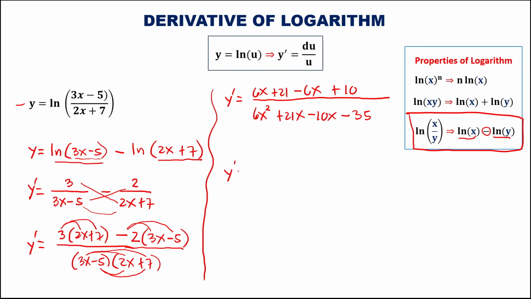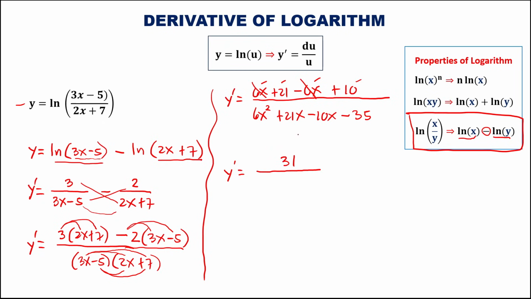Then we need to combine like terms. In the numerator, positive 6x and negative 6x is 0. Then positive 21 plus positive 10 is 31.